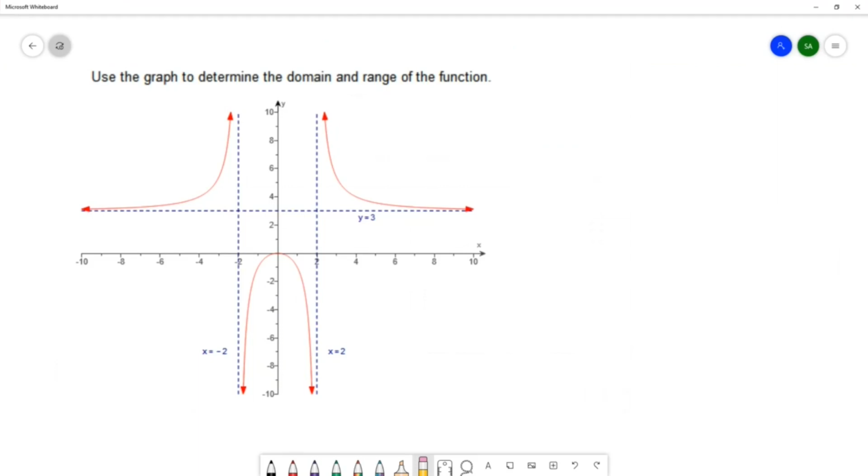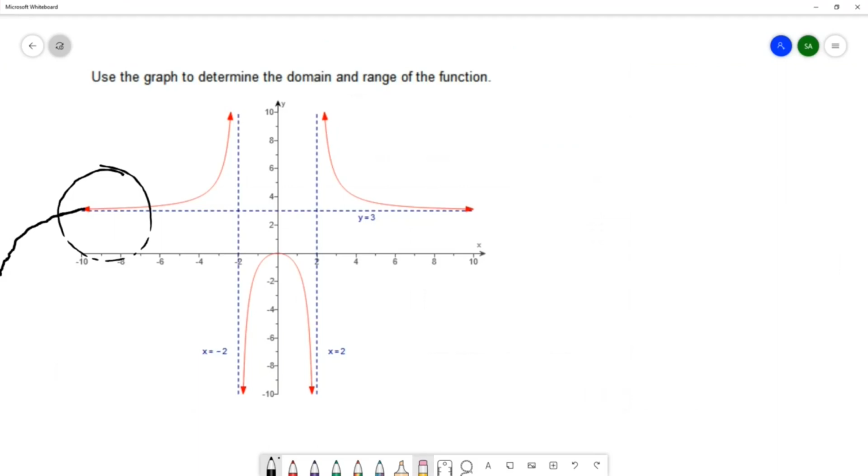If we look at this piece of the graph here, when we have an arrow on the end of our line, it typically means that the graph continues off of what we're viewing, off of the screen. Typically, if that dashed line wasn't there, we would assume that the graph keeps going down and to the left forever and ever.